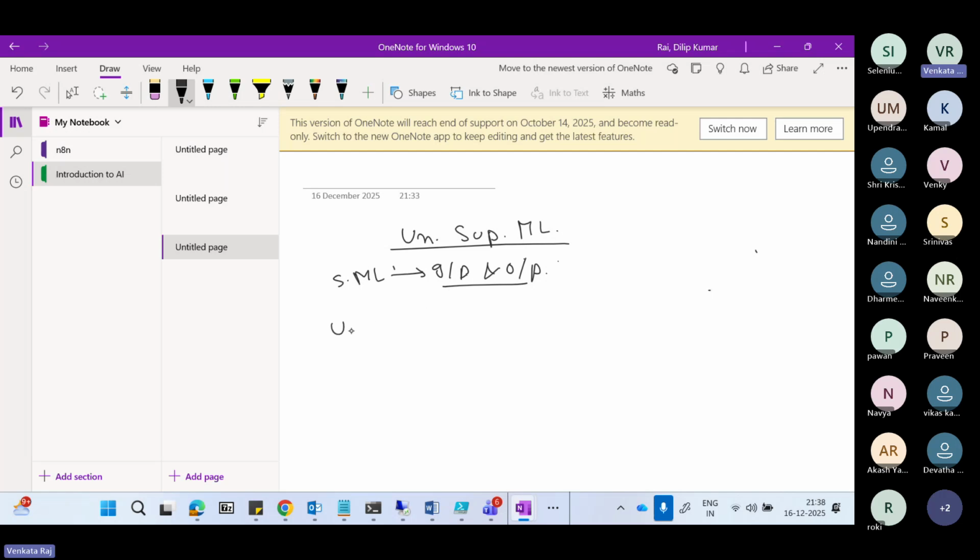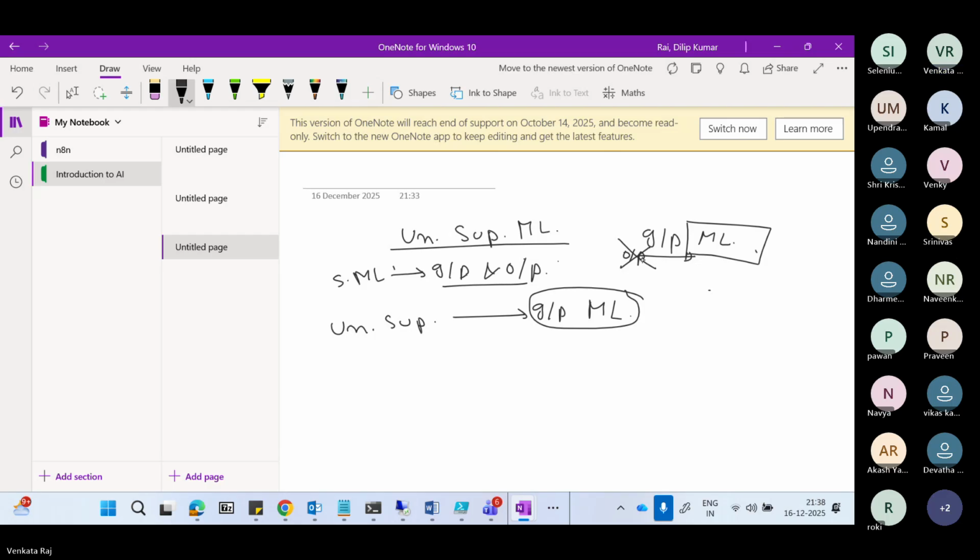In unsupervised machine learning, we feed only input to the machine learning algorithm. We don't feed output. Okay.